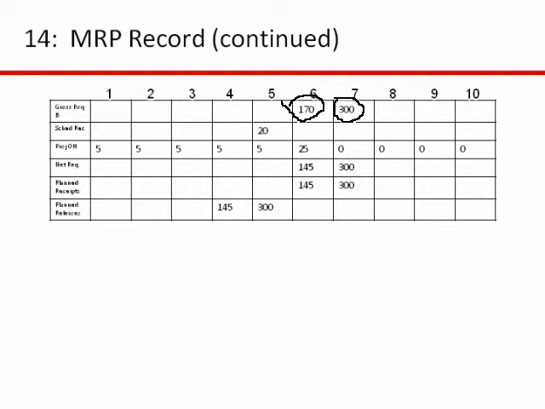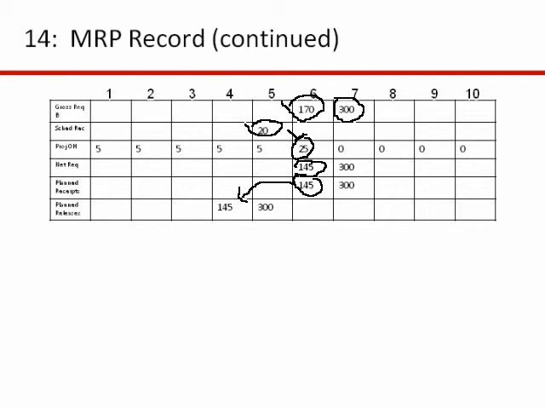Two B's per E. We have 20 scheduled receipts in period 5. So the rule is you just use those like inventory. So those are going to come in on period 5. We have 5 on hand. So basically, we have 25 projected on hand. So that gives us a net of 145. We have to plan to receive the 145 in period 6.